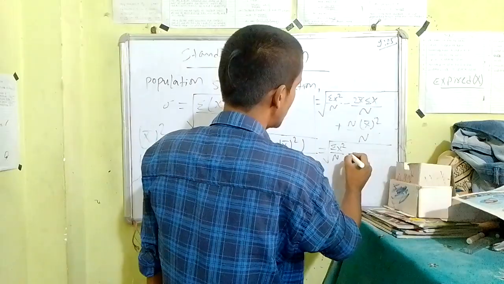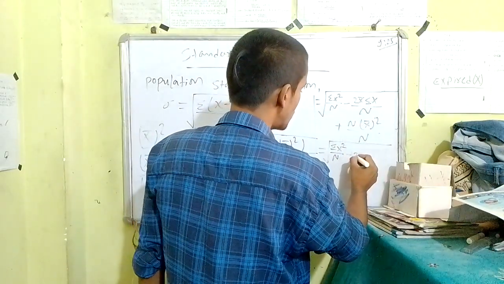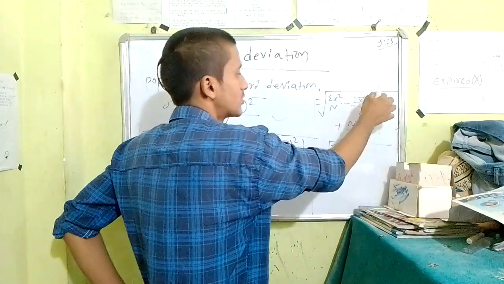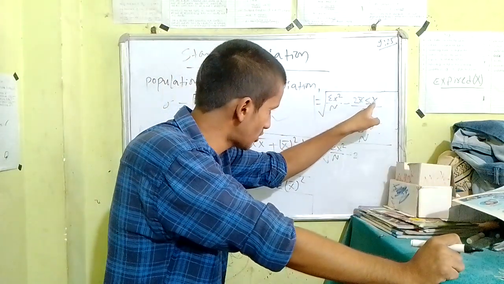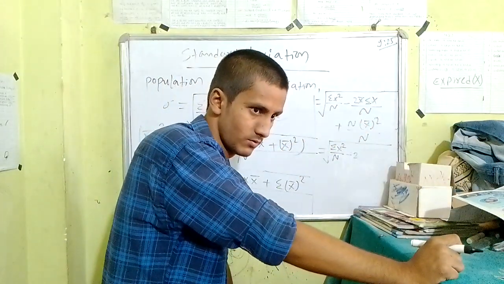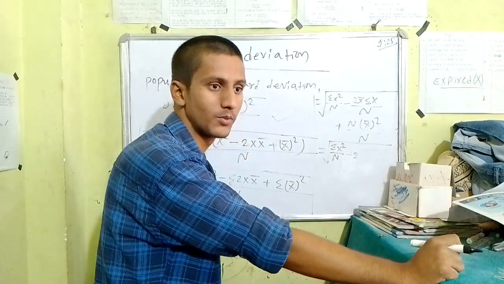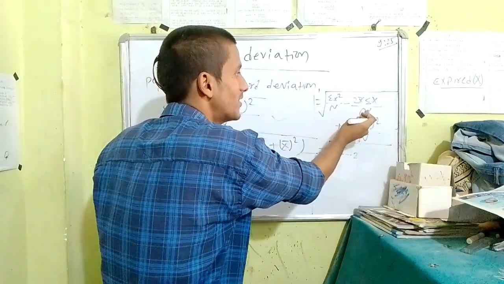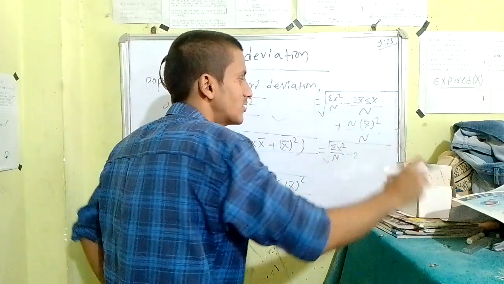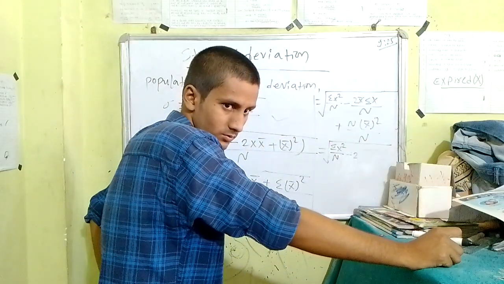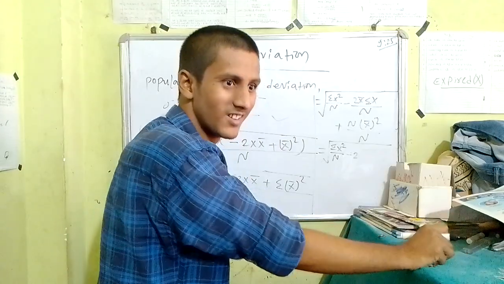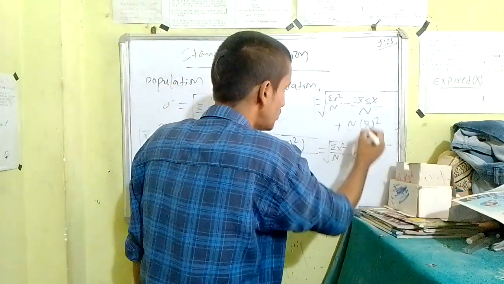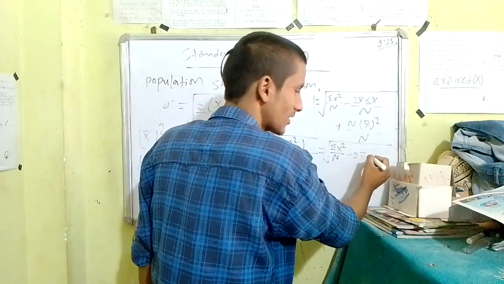And then this is minus 2, look, summation x over n is what? Pay attention and tell me the answer. I'm not going to tell you, you have to tell me. Summation x over n is what? It's the mean, x bar. It means 2 times x bar times x bar.